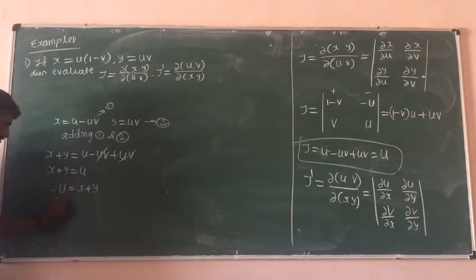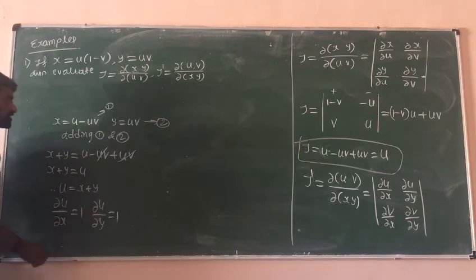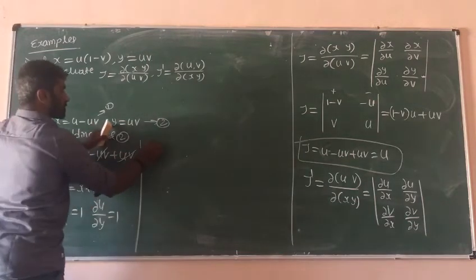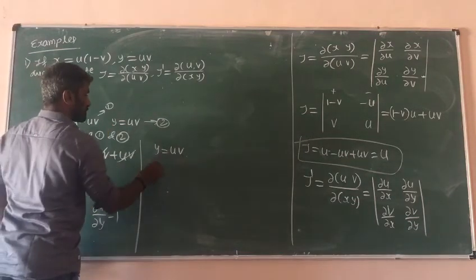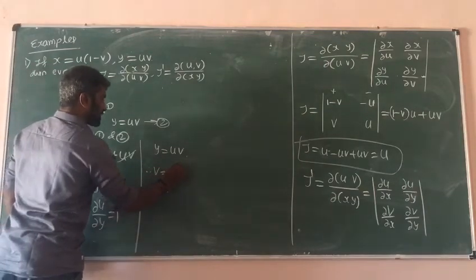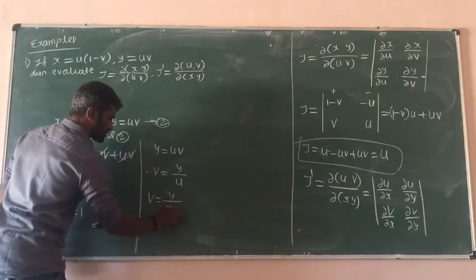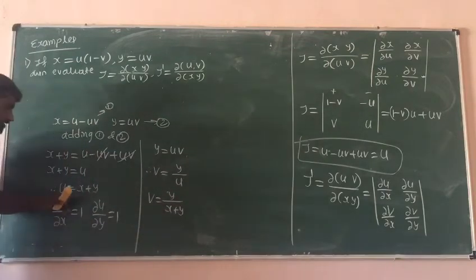Then differentiate: ∂u/∂x is equal to 1, ∂u/∂y is equal to 1. But y is equal to uv, so we need v, which is equal to y divided by u, so v is equal to y divided by x plus y, because the u value is x plus y.